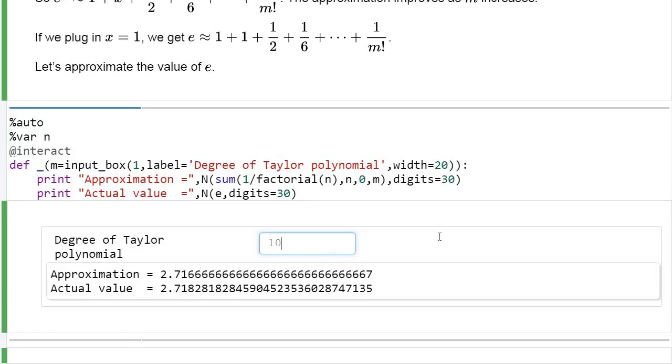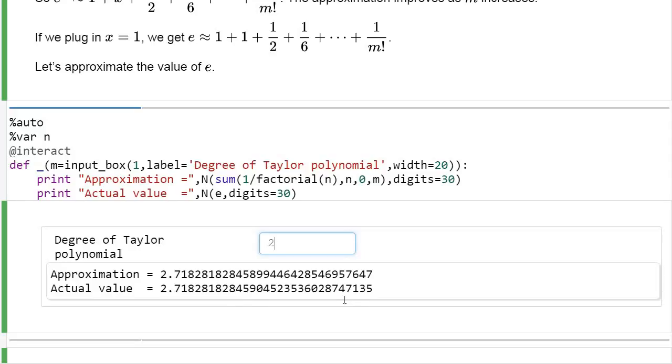Let's skip up to degree 10. And you can see now our approximation of e is correct to 1, 2, 3, 4, 5, 6, 7 decimal places agree here. Let's go up to 15. And we've added a few more decimal places. Now we're good to this one.